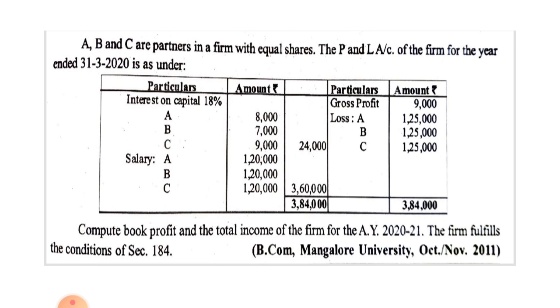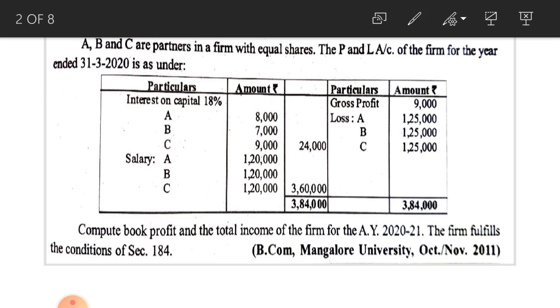Disallowed items includes salary of partners, that is non-working partners, and interest on capital above 12%, etc. So here interest on capital 18% is there, but only 12% is allowed to calculate book profit. So remaining 6% is disallowed, that you have to deduct from net loss.